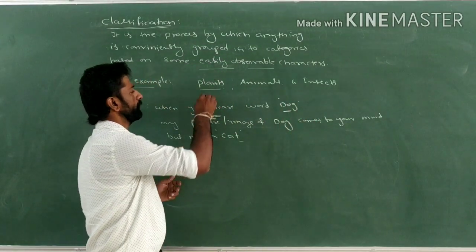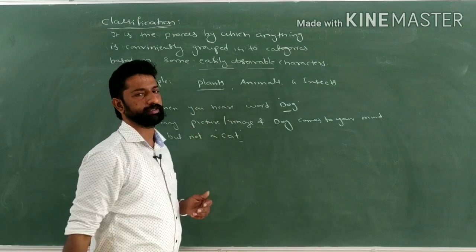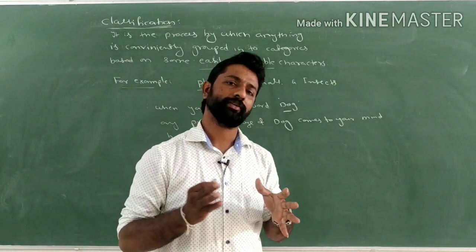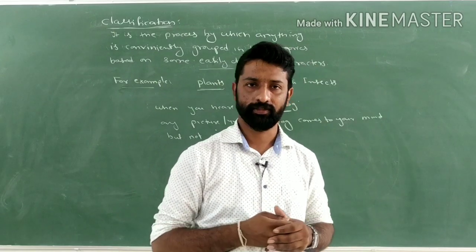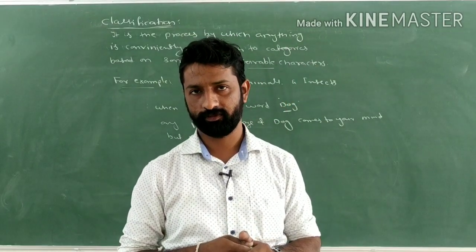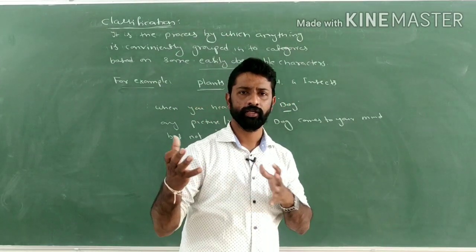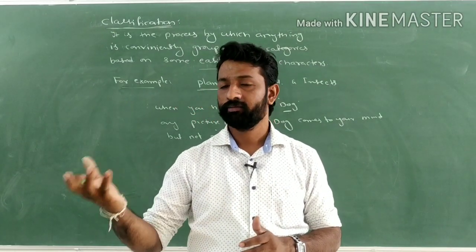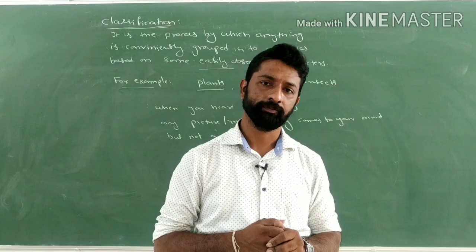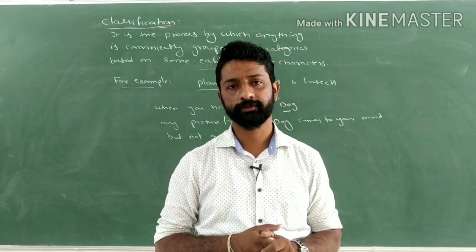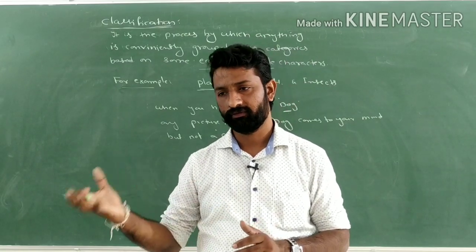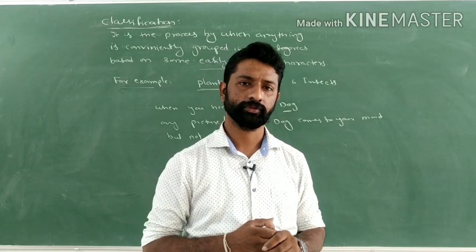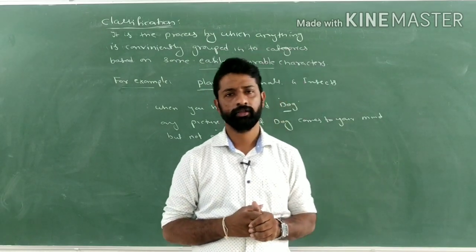And when we hear the term plants, what characteristics do we associate with plants? They have leaves. Some produce fruits, some produce seeds. Some are flowering plants and some are non-flowering.